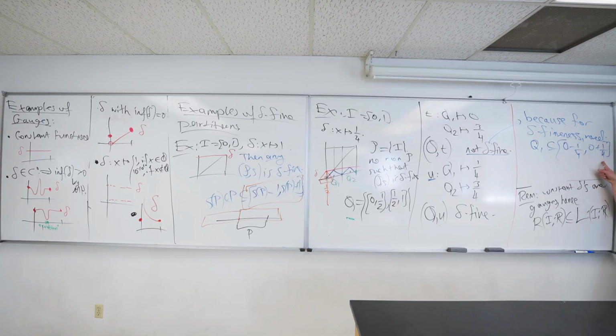But this doesn't hold. That is a condition for delta-fineness. When you sample a point from a pixel, that pixel has to be close enough to that sample. And how close enough? The gauge tells you how close enough.